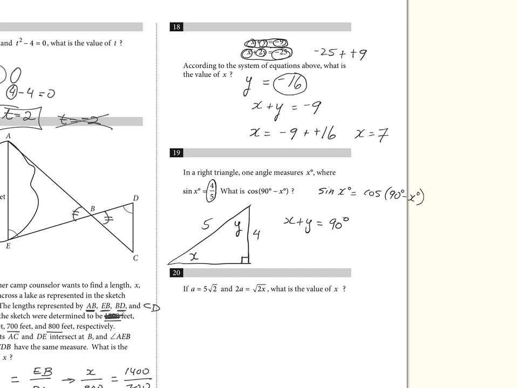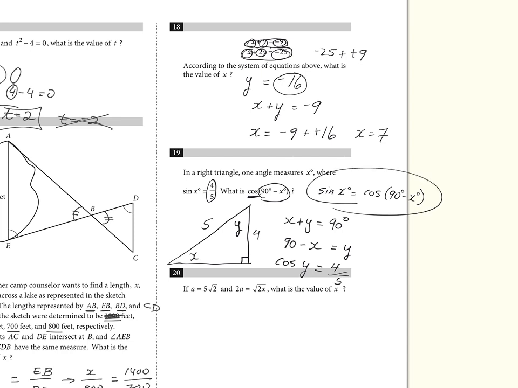What that means is that 90 minus x is equal to y. So they're looking for the cosine of y. So the cos of y, well, that's just 4/5. Although it was much easier to solve it using this formula.